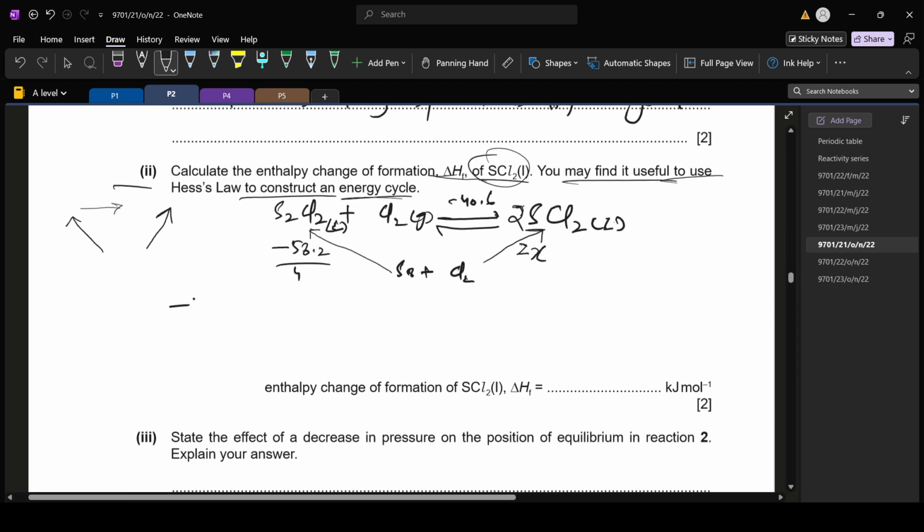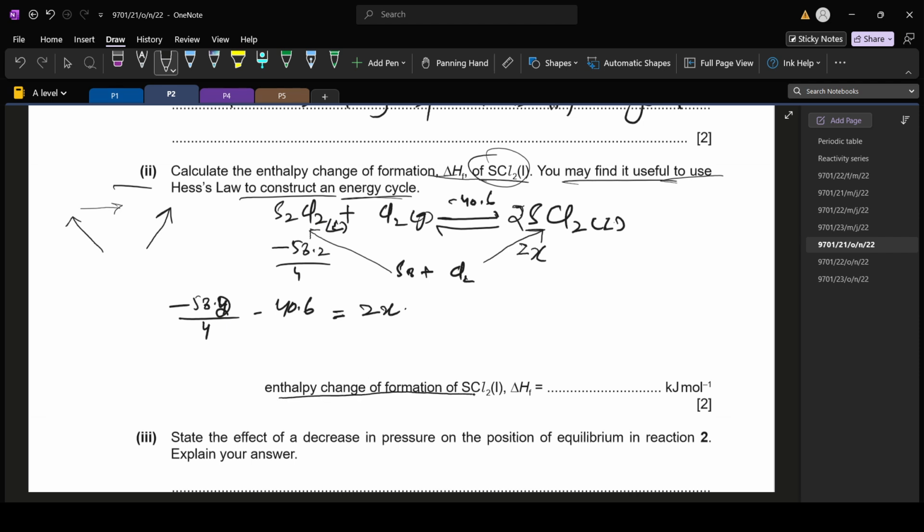So minus 58.2 divided by 4, minus 40.6 is equal to 2 multiplied by x. Here x is the enthalpy change of formation of SCl2. So from there you get x equals minus 27.6, and this is your final answer, minus 27.6.